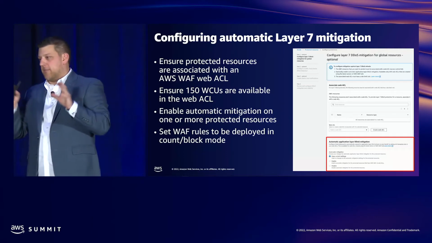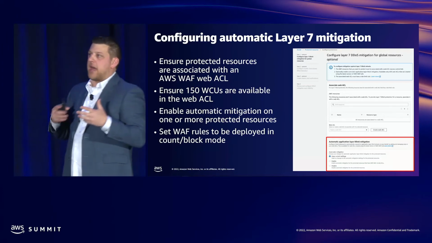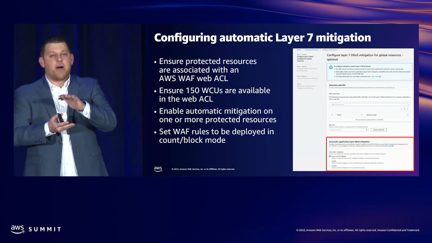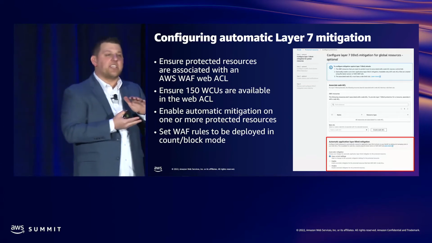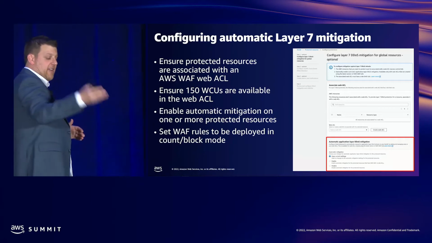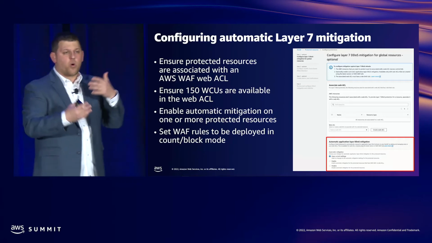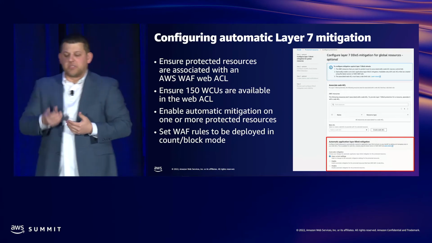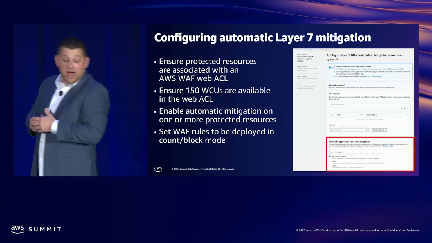For those of you that aren't familiar with what that is within our WAF, it's really just that we have a limited amount of rules you can add to a web ACL. I think it tops out now at about 1,500. So you just have to make sure you have 150 for this Shield Advanced managed rule that updates from Shield into WAF.